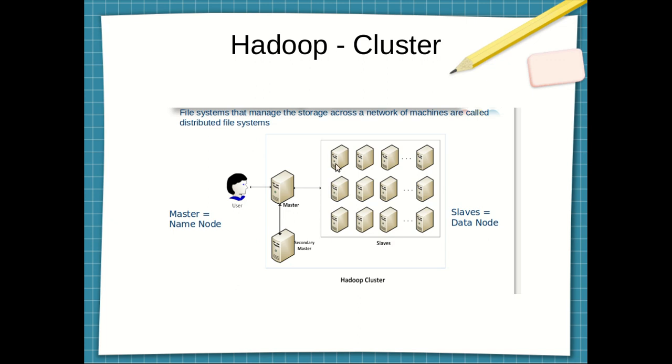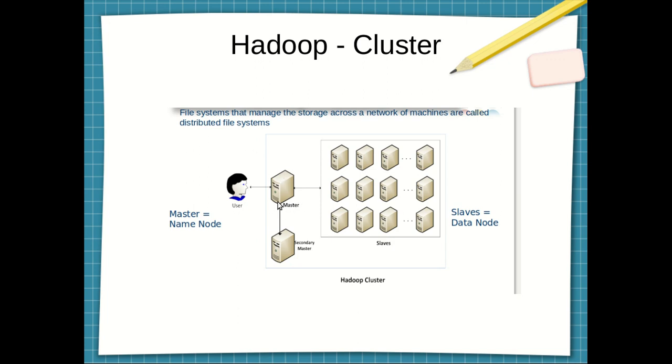Each data node is capable of storing data and processing data, and these are all interconnected. These are called slaves, meaning they are the actual performers, like the actual developers who are doing the work in a project. They are the actual engine which performs all the tasks which the master receives, and all these slave nodes are connected to the master node.